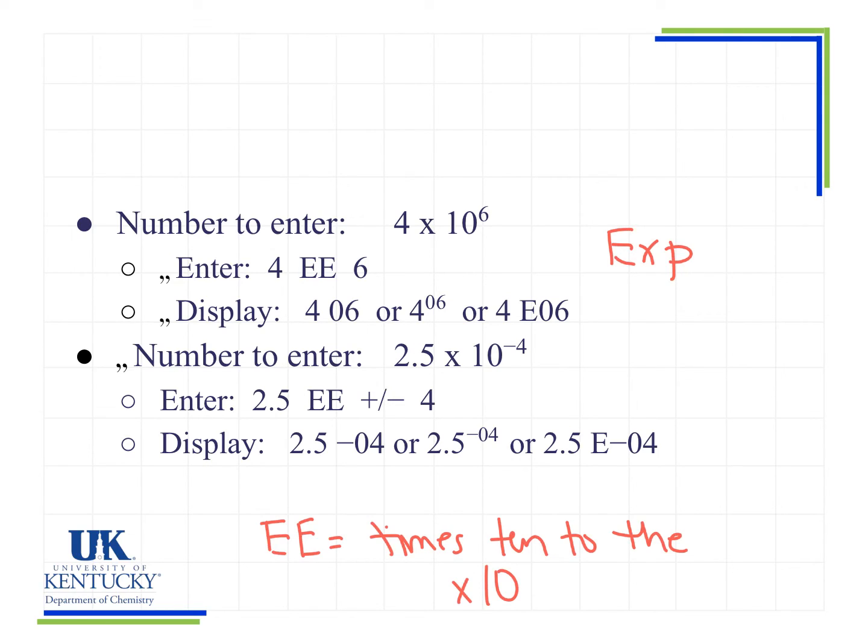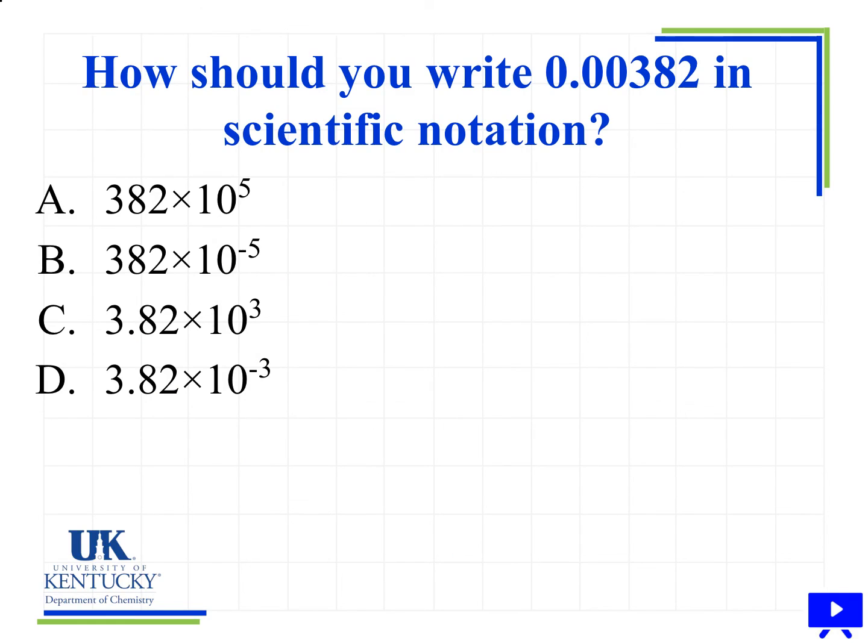So when it says 4e to the 6 on the display, or 4 0 6, a variety of ways you might see it, that reads as 4 times 10 to the 6, even though the times 10 is not explicitly shown. Different calculators function in different ways. If you have questions about how to use yours, please come see me.